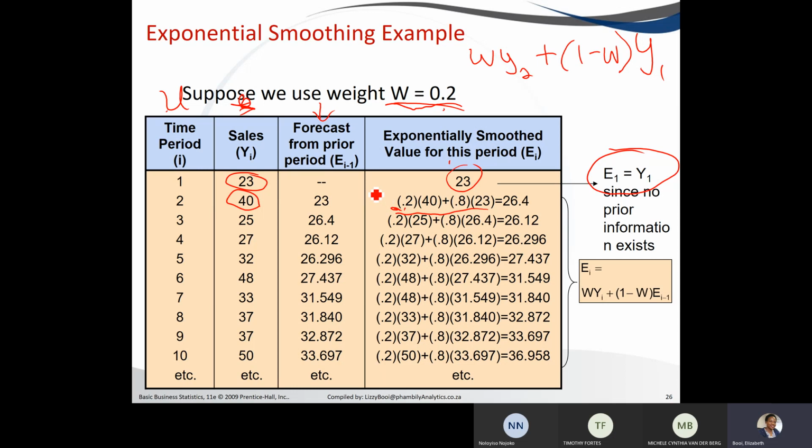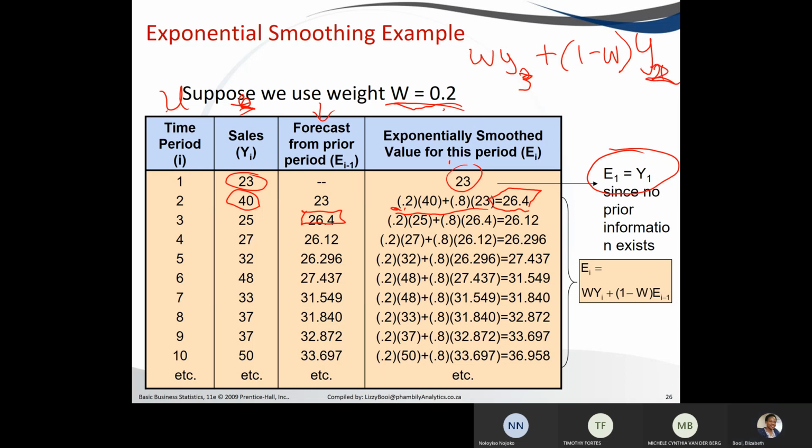So we take our 26.4, we put it on our next forecasting E1, because then this becomes our Y2, which is our E1 minus 1. So we follow the same, 0.2, so we go W multiplied by Y3 plus 1 minus W times Y2.